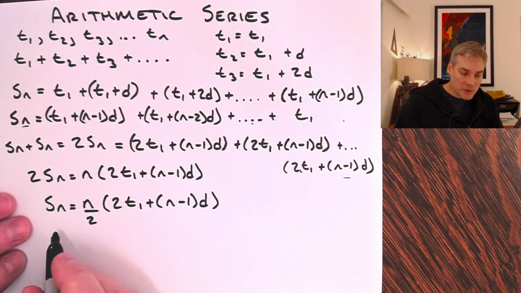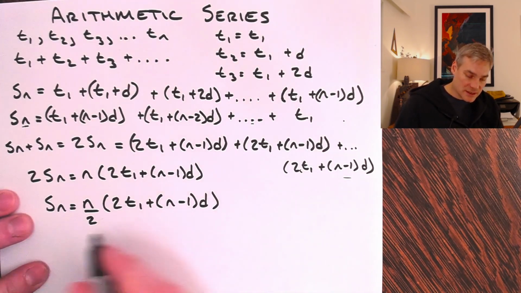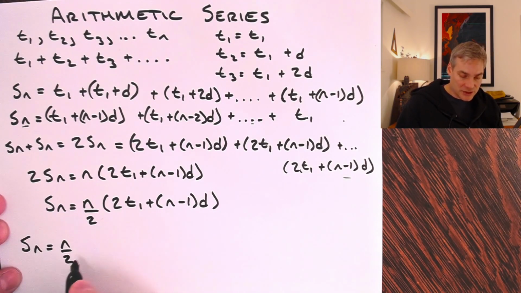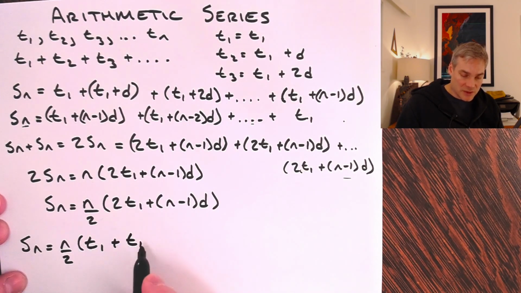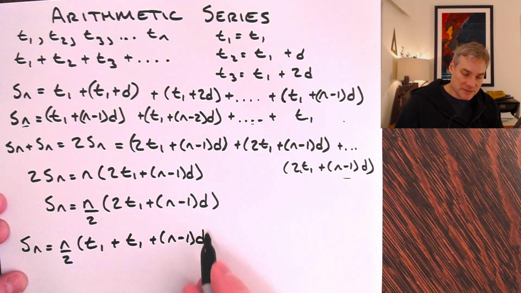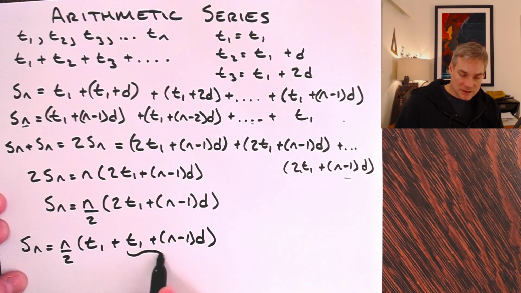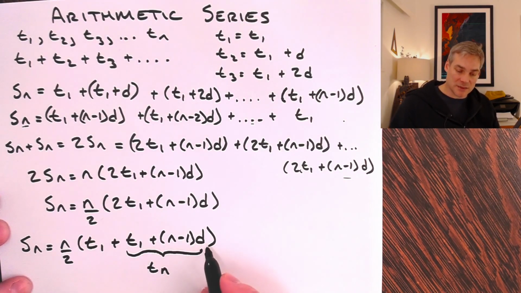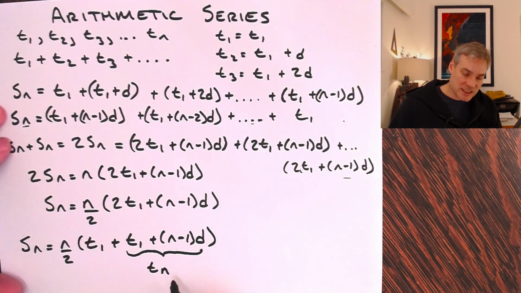Now, we can also write this in a different way. Sn is equal to n over 2, and then I have T1 plus T1 plus n minus 1 times d. But this is actually just Tn, right? T1 plus n minus 1 times d is just Tn.